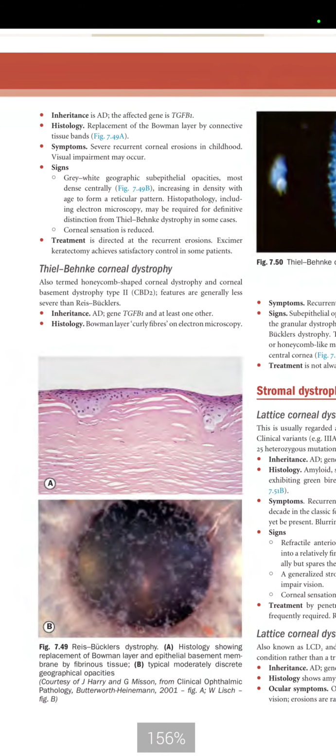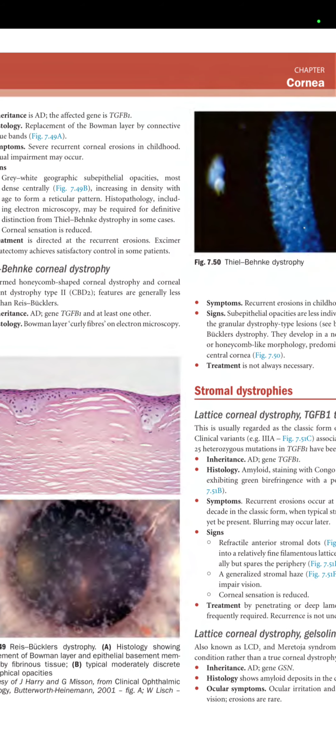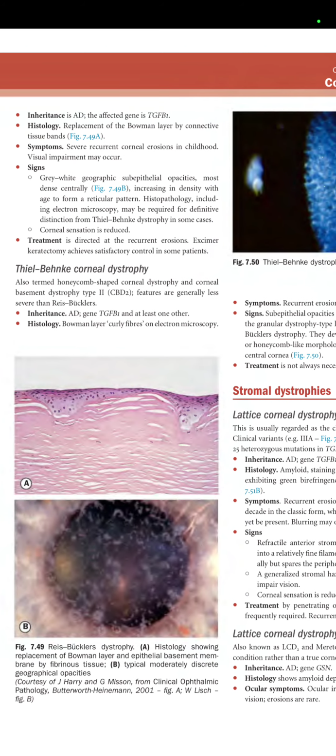Thiel-Behnke corneal dystrophy, also termed honeycomb-shaped corneal dystrophy and corneal basement dystrophy type 2, has features that are generally less severe than Reis-Bücklers. So this is known as corneal basement dystrophy 2. Inheritance is the same as that of Reis-Bücklers, autosomal dominant, gene TGFBI and at least one other. Bowman's layer curly fibers on electron microscopy. So what are you going to see on electron microscopy?